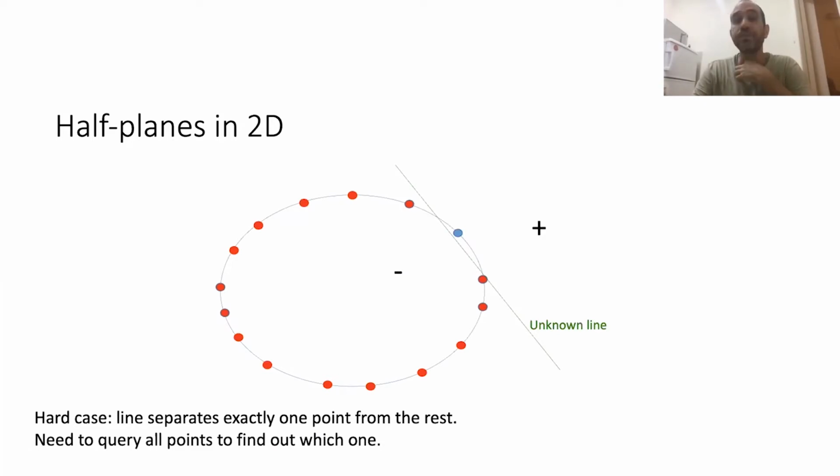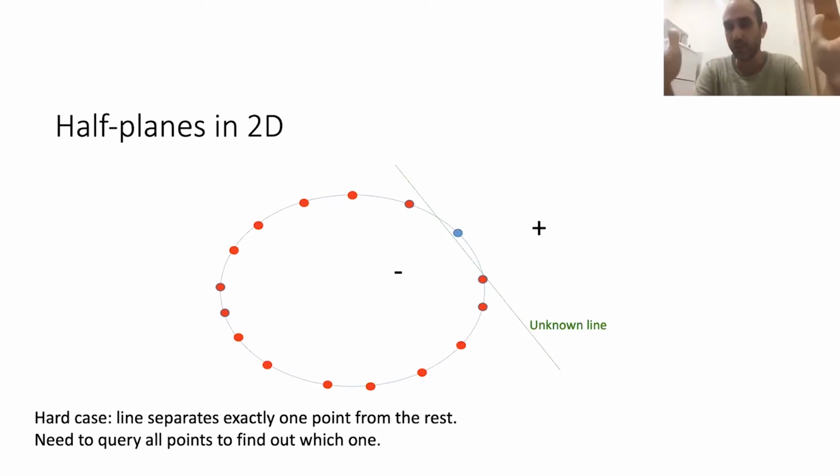Therefore, you can imagine an adversarial argument that always labels the point red, and unless you query all points one by one, there will always be at least 2 possible extensions that are consistent with the data. So there will be some uncertainty.